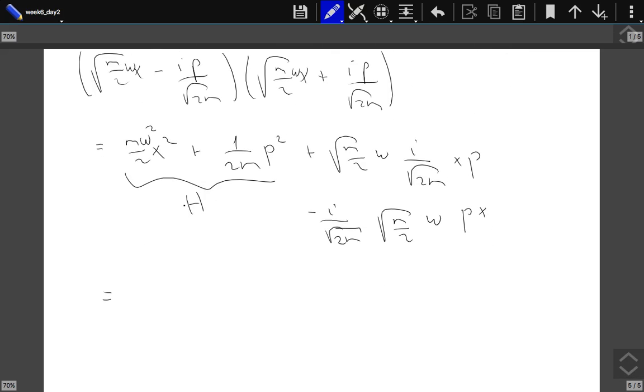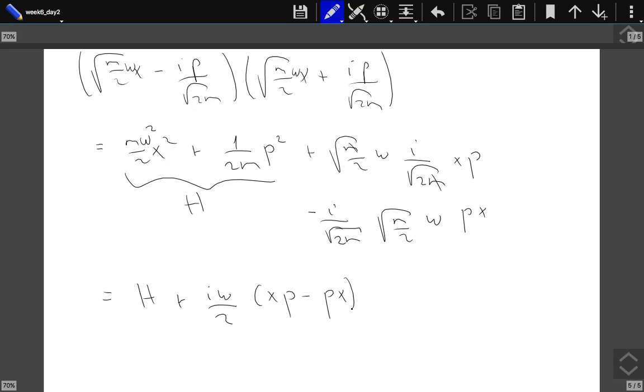The first two terms are nothing but the Hamiltonian I want, H, but I have these additional terms. Let me simplify it a bit. I have i omega over 2, which is common in both factors, times xp minus px. Well, if these were just classical numbers, this would have been just 0, so my factorization would have been perfect. But since they are operators, the factorization doesn't really work that way. So we have to correct by this factor.